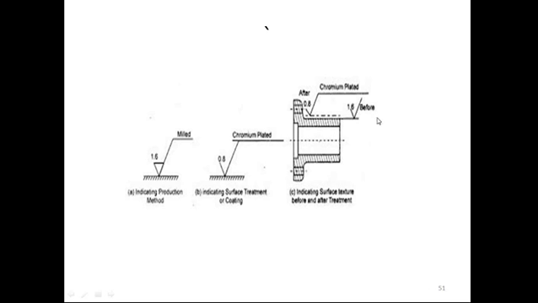Before the chromium plating operation, the Ra value is 1.6. When we do the chromium plating operation, it is required to achieve 0.8. So it means we need to check that before giving our job to the operation, it must be 1.6.